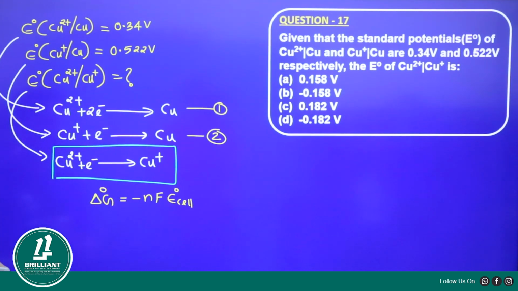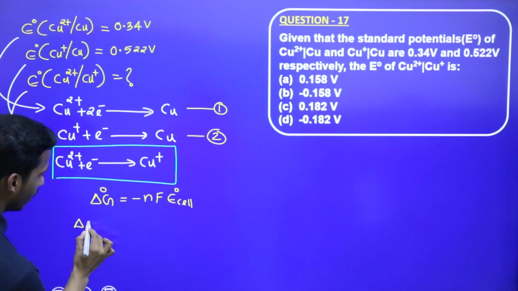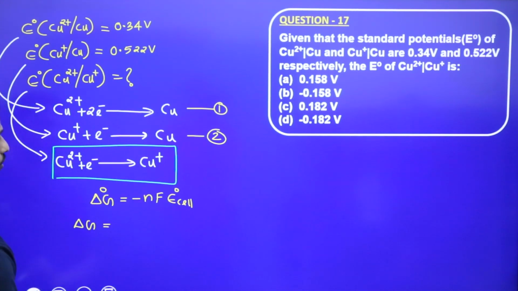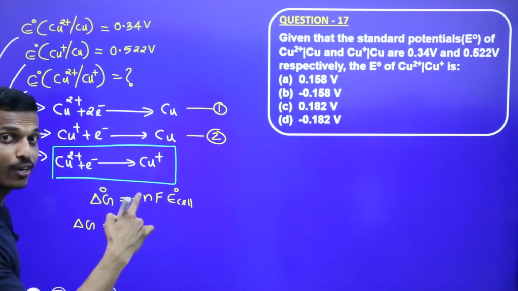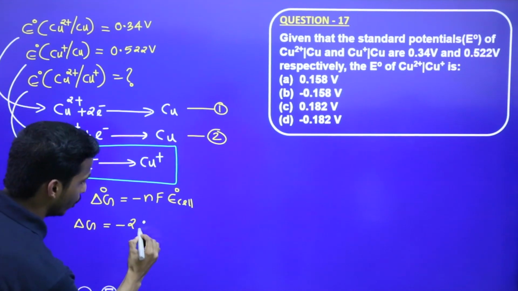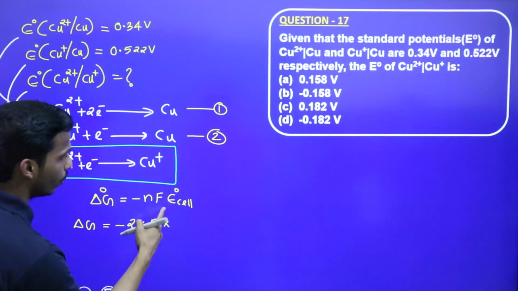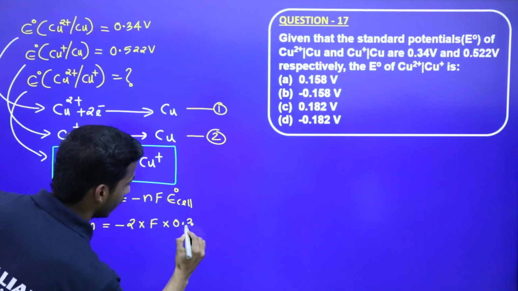Here we are going to calculate delta G for 1 and 2. So delta G for the first equation, what will come, student? Minus n, the number of electrons transferring, right? How many electrons? 2 electrons. So minus 2 into Faraday into E0 cell for the first system, that's 0.34 volt.